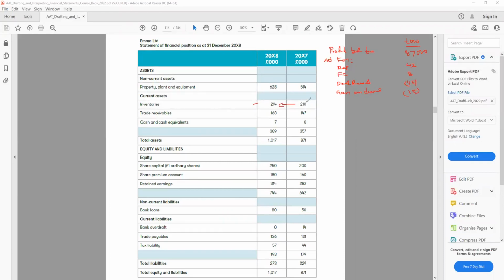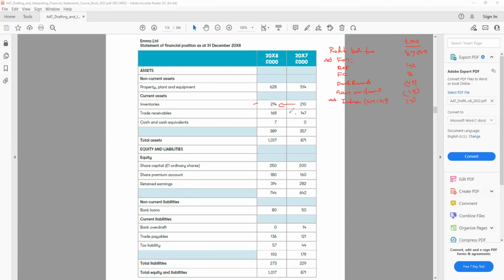That means we bought more inventory. And if we buy more inventory, that means money is going, it is cash outflow. So adjustment for inventories, that is 214 minus 210. That will give us 4. The 4 will be an outflow because if I buy more inventory, more cash is going.